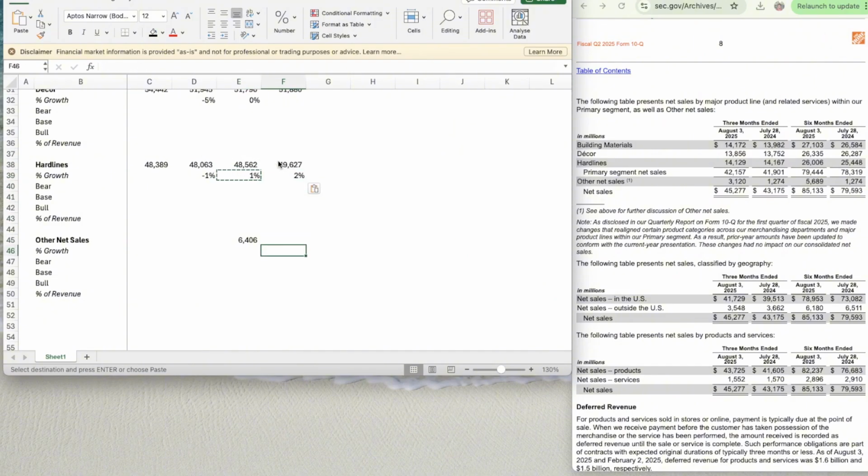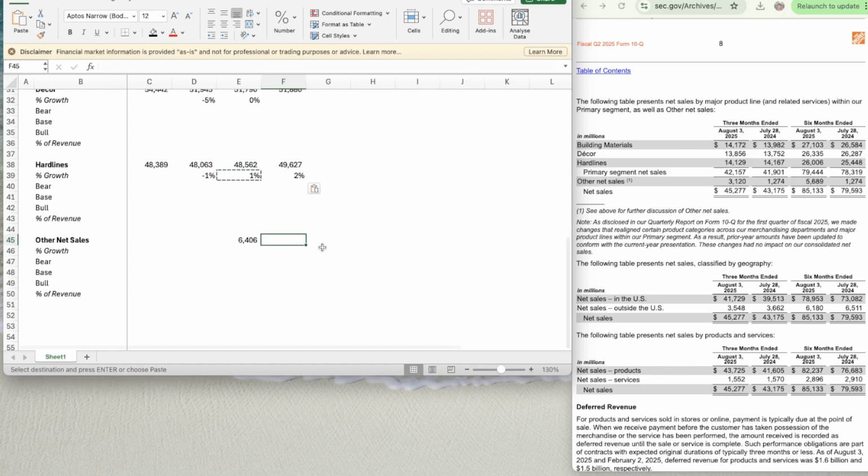And then these stores were here. Okay, so 5689. Well, it did 6.4. This is quite hard to guess, but it's such a small part of their total revenue. We'll just put it as if it's 5689 here in 6 months.